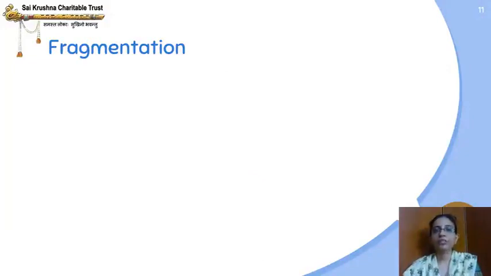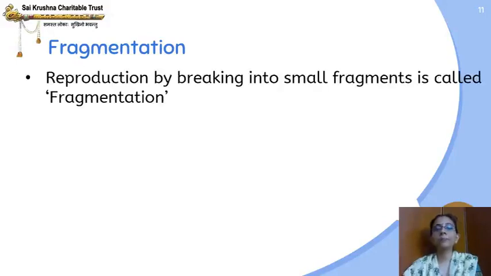Vegetative propagation, budding. Now we are here at fragmentation. What do you mean by fragment? Fragment means it's a piece. So, reproduction by breaking into small pieces or small fragments is called fragmentation. An example is algae.